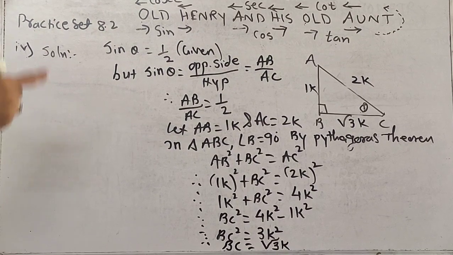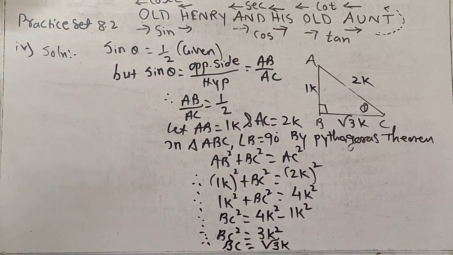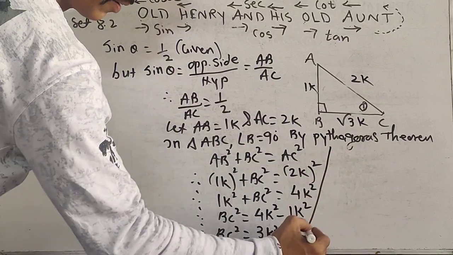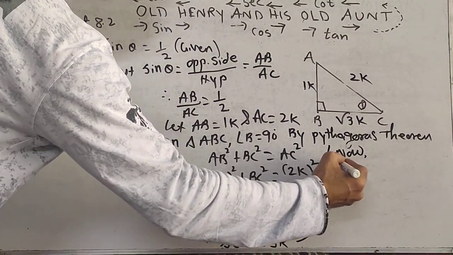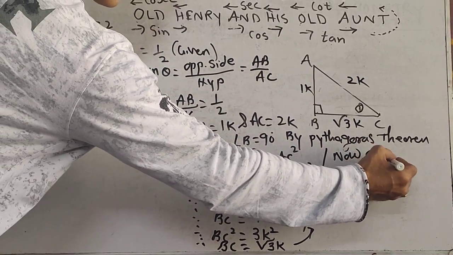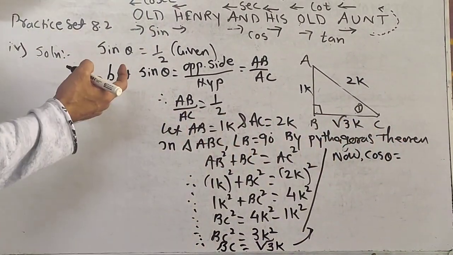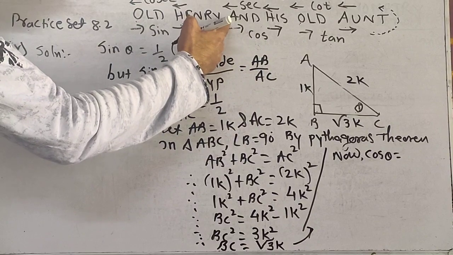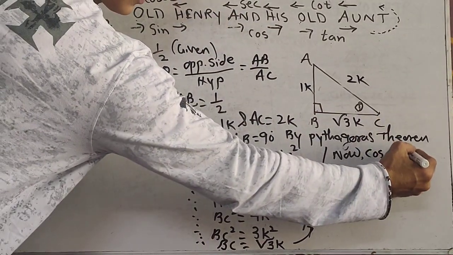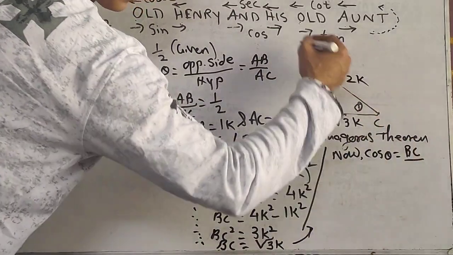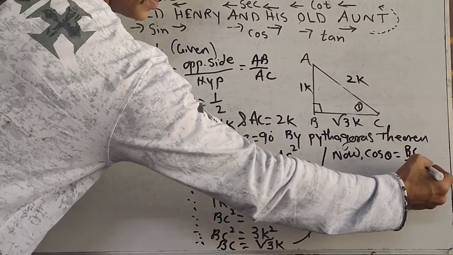अच्छा, now we want cos theta and tan theta. Okay, I will continue here. Now cos theta तुमको चाहिए, तो cos theta का फॉर्मूला क्या है? Cos theta is adjacent side upon hypotenuse. So adjacent side is BC और hypotenuse है AC.